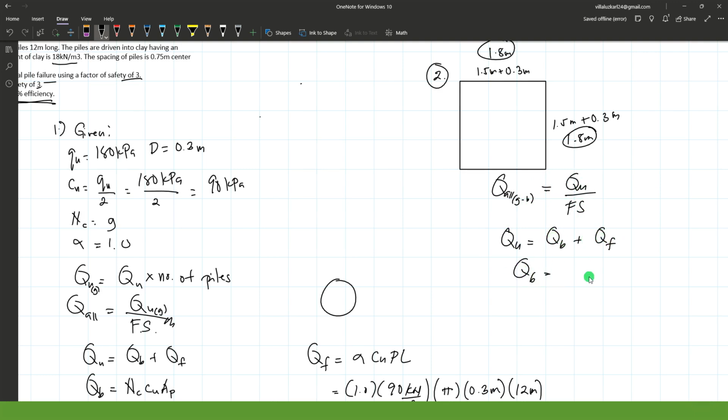So QB is equal to N Cu times the area of the pile. For the area, we have the shape of a rectangle. So N is 9, Cu is 90 kilopascal, and the area is 1.8 by 1.8.